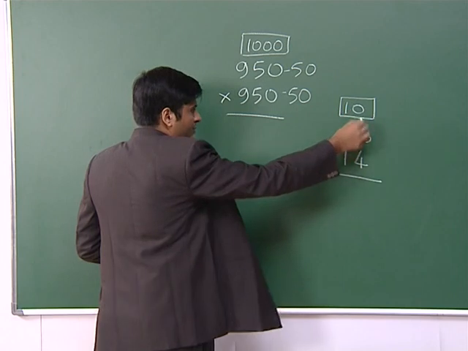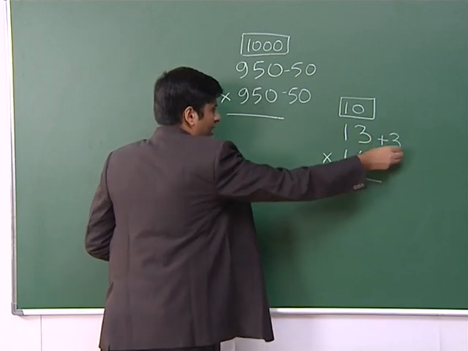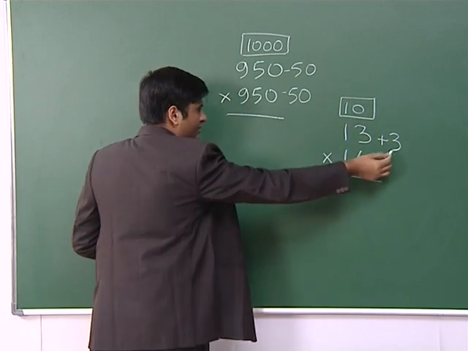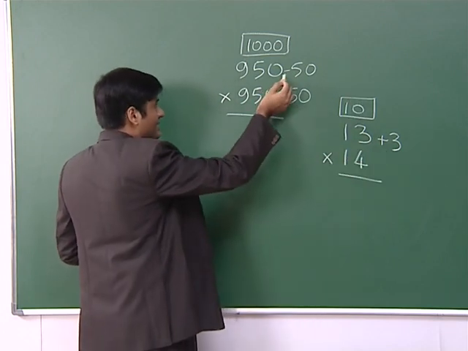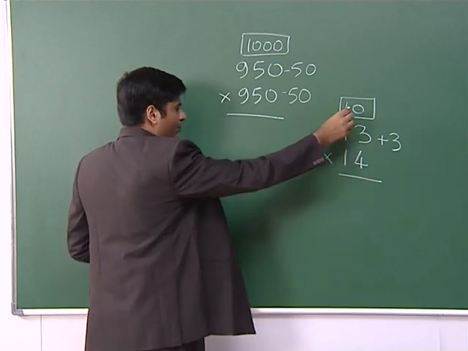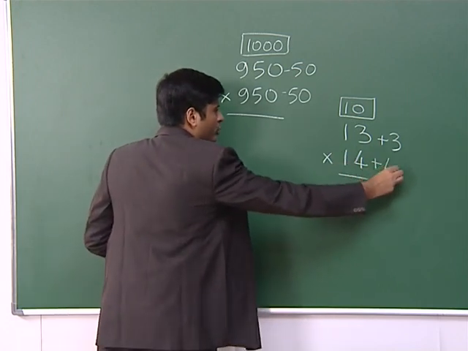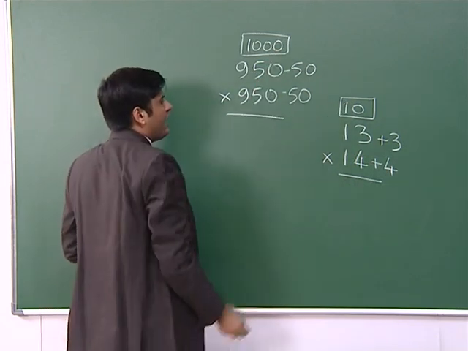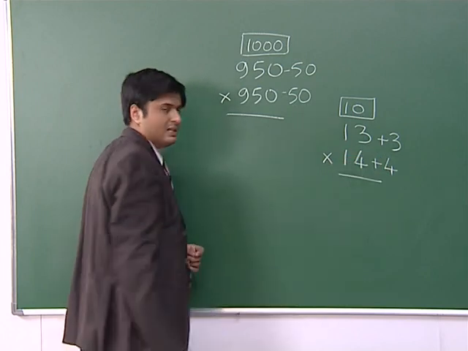Here difference between 10 and 13 is plus 3, because 13 is more than 10. If the number is more than the base, we have plus, and if the number is less than the base, we have minus. 14 is more than 10 by 4 units, so we have plus 4. We have found the base and we have found the differences.